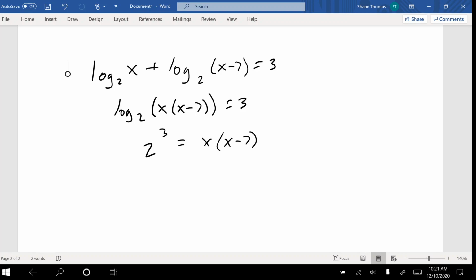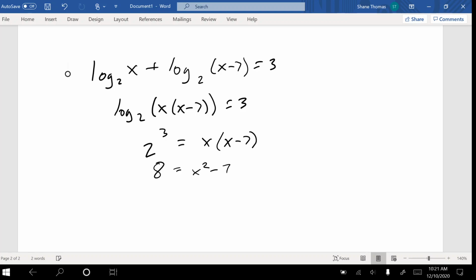So now I got rid of logs. I still have some exponents, but I can get rid of that pretty quick. The left side is just going to be 8. Now this right side, I got to do something with this. It's factored, but it's not equal to 0, so I can't set x equals 0 and x equals 7. So let's distribute it.